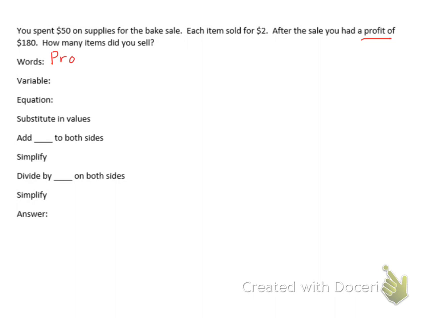The way you get a profit is by taking your money in. Now there are different, more technical terms. I don't want to really get into all of that right now. We're just going to talk about the money you're bringing in from your sale. And we take that money and we subtract the money spent, how much it cost us to make everything that we were making.